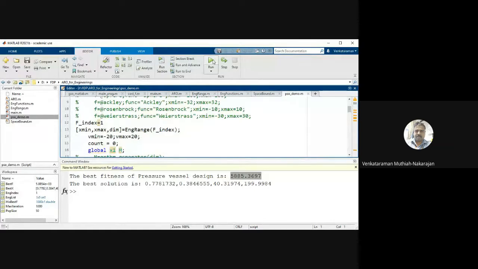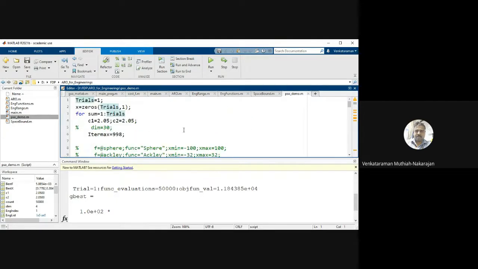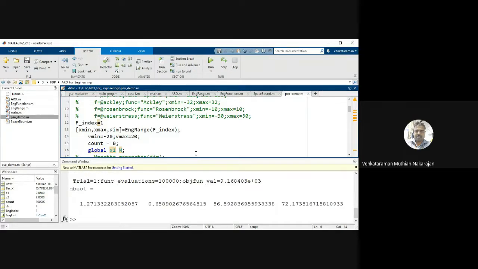We will run this program. Let us see how good ours is. We are running for a lower number of iterations, only 50,000 times. You can increase it. We can run it again. Yeah.